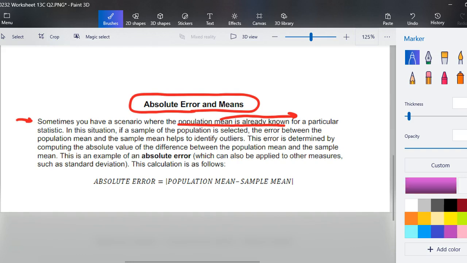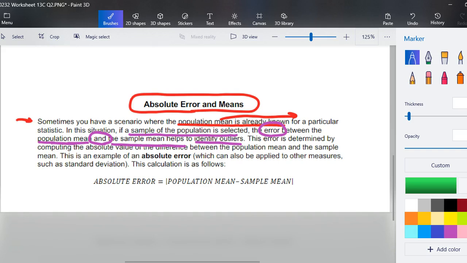And in this situation, if a sample is then selected, the error between, I hope you're writing or underlining, the error between the actual population mean and the sample mean helps to identify outliers. Well, there's another word, outliers.